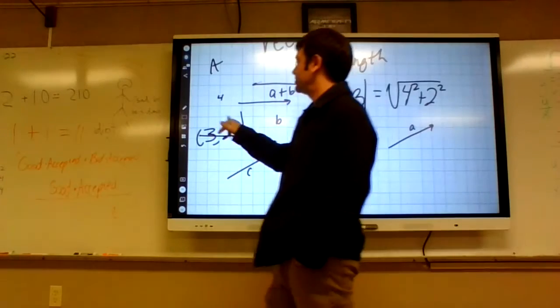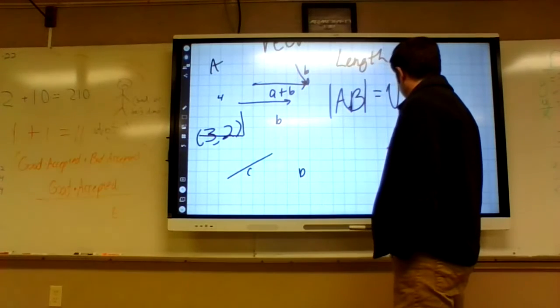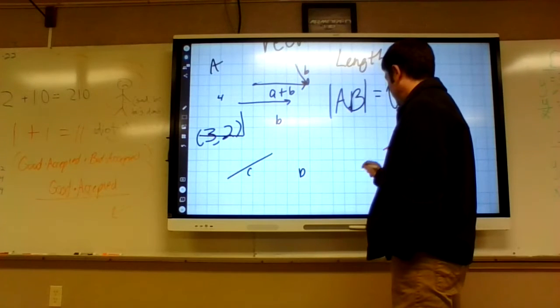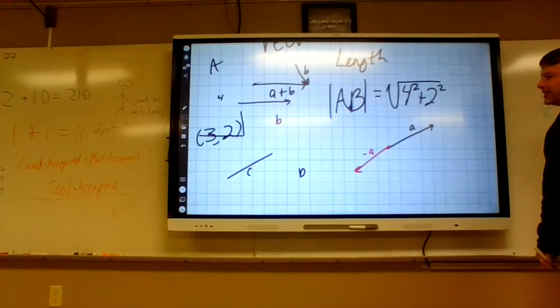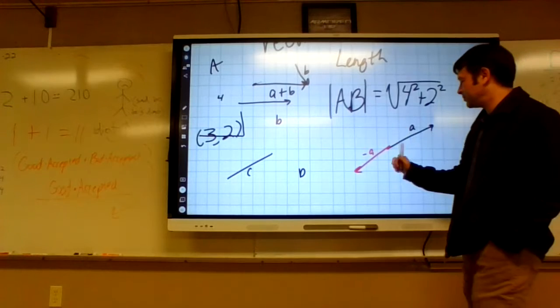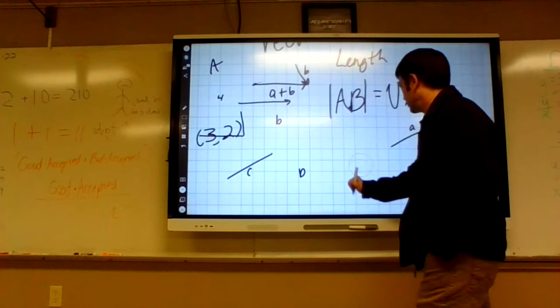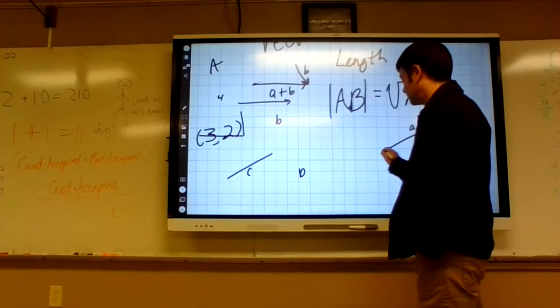Opposite direction? Opposite direction is correct. So this is, let's see, over 3 and 2. This would be negative A. I count right? No, I didn't count right. That's 4 and 2.